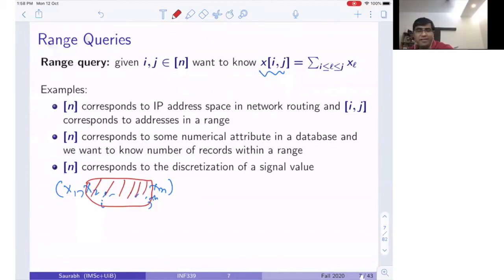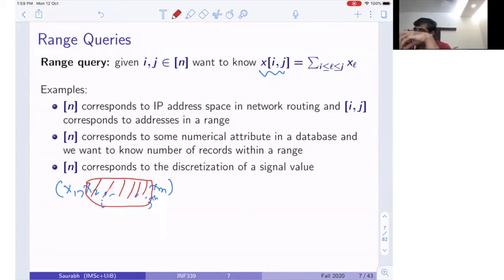Now, some examples where this is used quite a lot is, like in routing. Most of the addresses, very few things will come. But when I collect these, they'll say, give me all the packets which have passed between this IP address and this IP address. So it's a very natural question. In databases, you would like to know the records within some range.